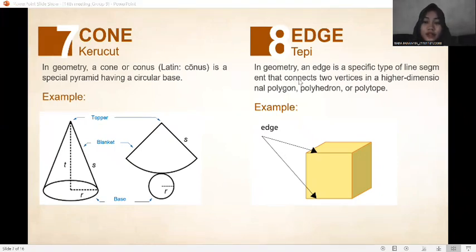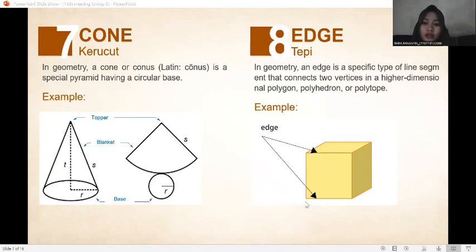Next is edge. Edge in Indonesian is tepi. In geometry, an edge is a specific type of line segment that connects two vertices in a higher dimensional polygon, polyhedron, or polytope. The example is the picture here. Here is edge.